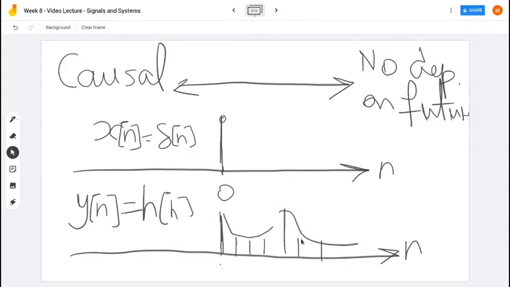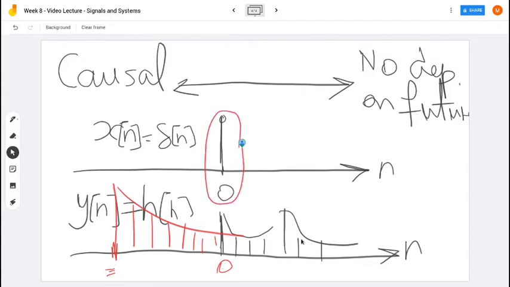But what would happen if the impulse response starts over here, before 0? It means that the output started to appear before the input, as if the system has seen the future and, knowing that there's an impulse coming at instant 0, starts producing output before the input. So this impulse response, this red impulse response, is non-causal.